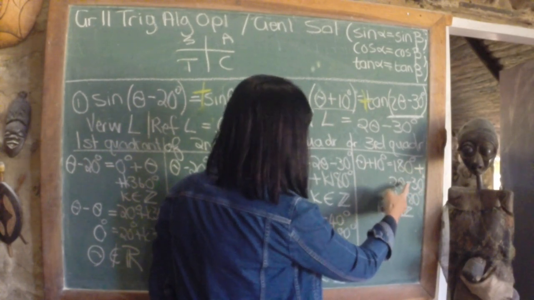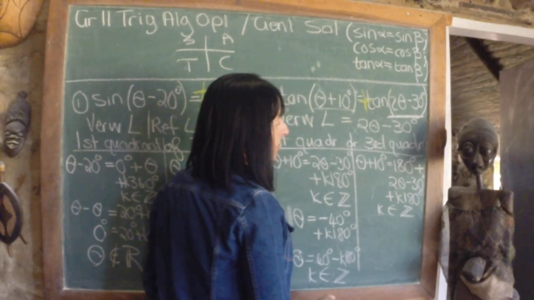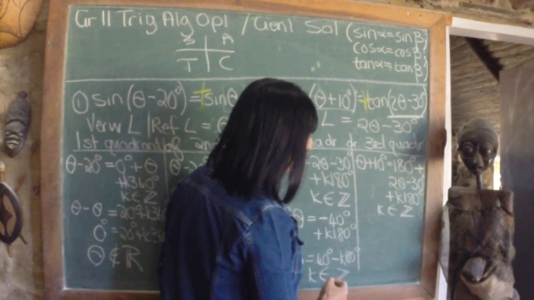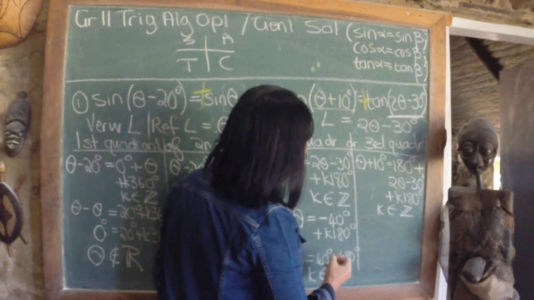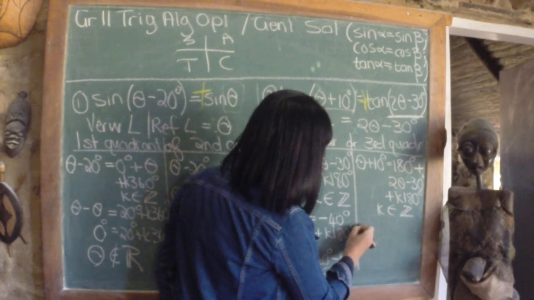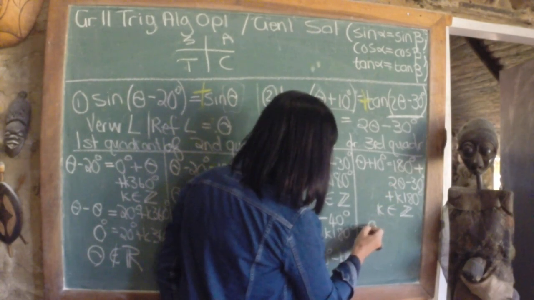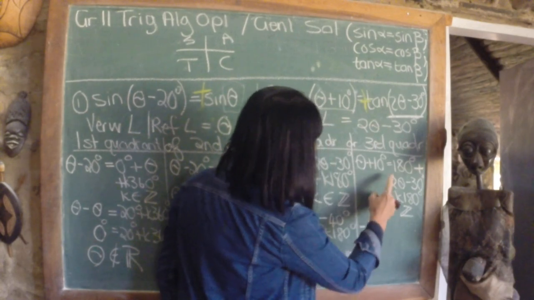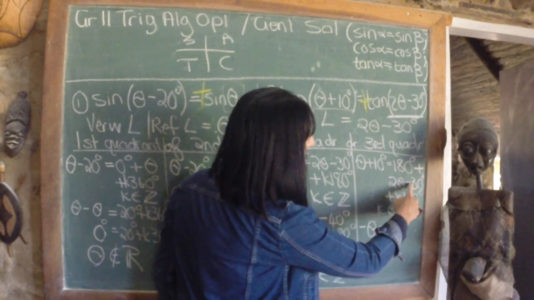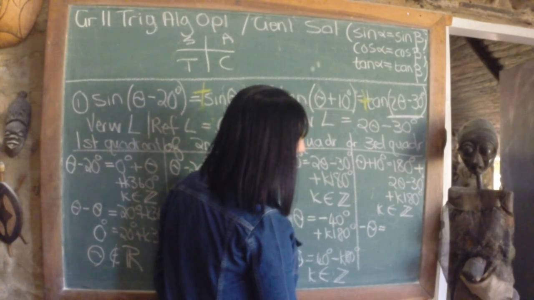If we take the 2 theta to the other side of the equals to, it becomes a minus 2 theta. So ek kan gaan sê, dis weer minus 1 theta aan hierdie kant. Aan daai kant, 180 minus 30 is 150.